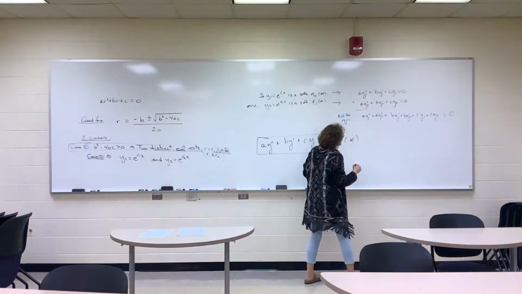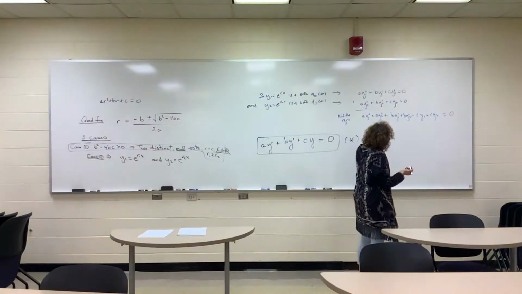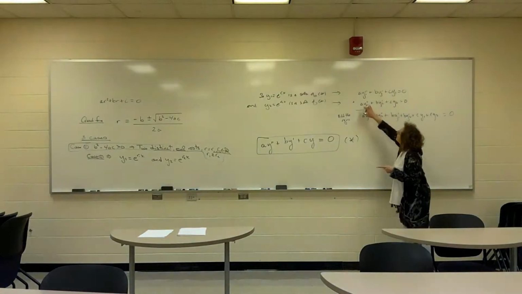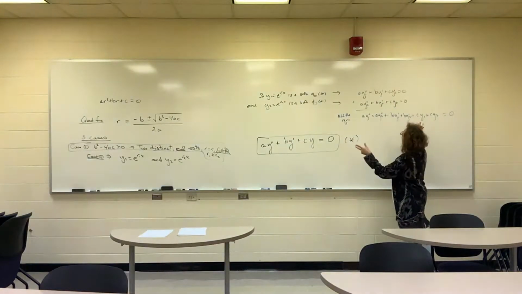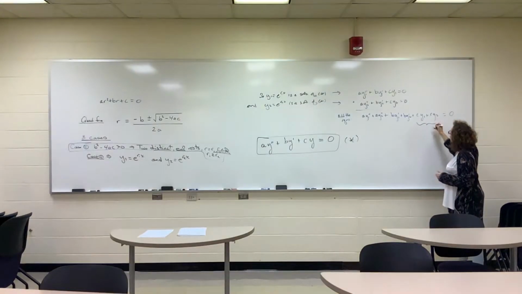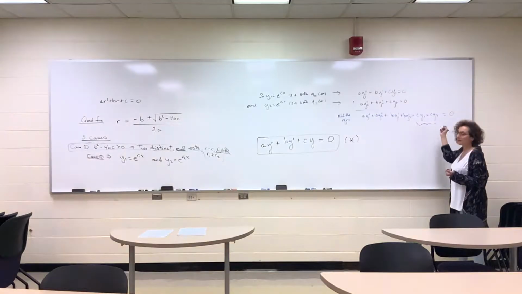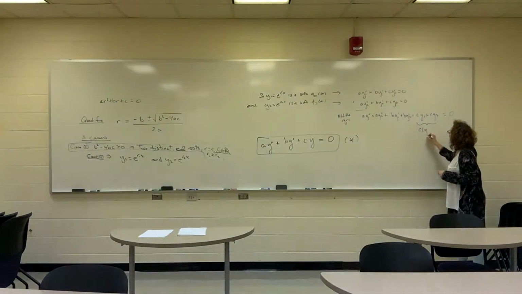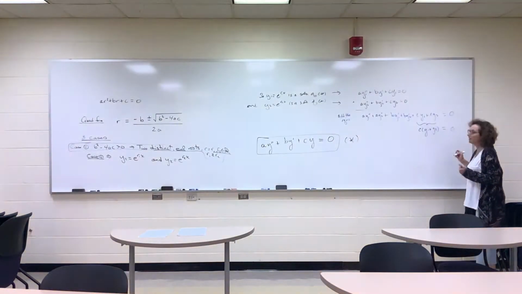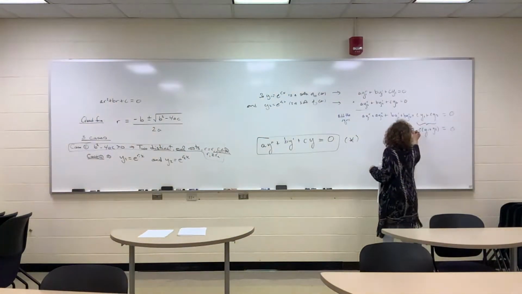So as I look at this, I could have written all this first and then rearranged, just trying to save myself a little bit of space. These two terms have a c in them, so I'm going to factor that c out, and that's c times y1 plus y2, equals 0. Just rewriting this algebraically.